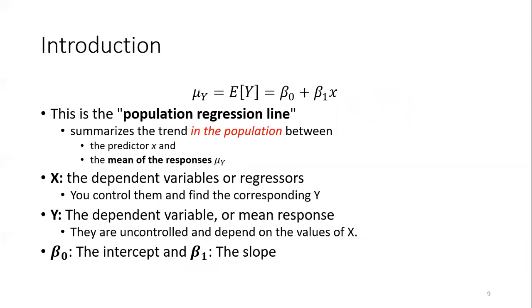This line, mu y, which is equal to the expected value of y, which is equal to beta 0 plus beta 1 x, is called the population regression line.